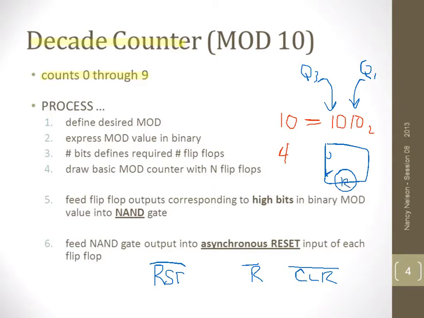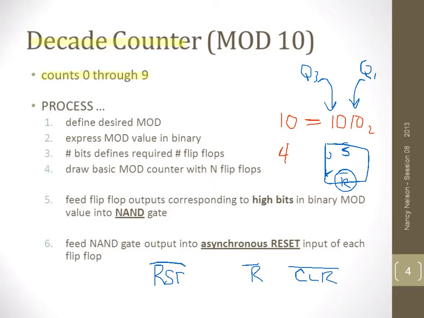There is a matching one at the top, which is a set, and those are used to either set the flip-flop to a high state or clear it to a reset, so that we know the state we're operating in. It's important to recognize that it has a bar over the top, so it's active low, which is why we want a NAND gate here: when our inputs are active, we get an active low out.